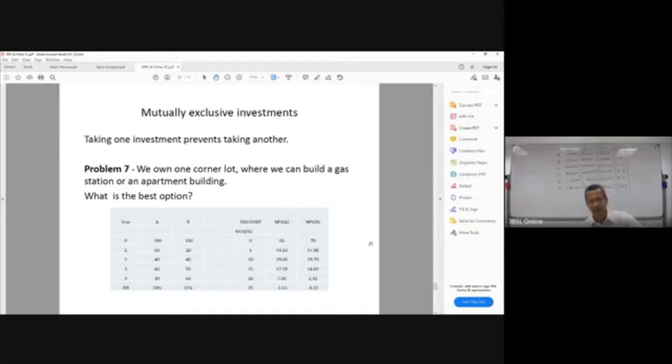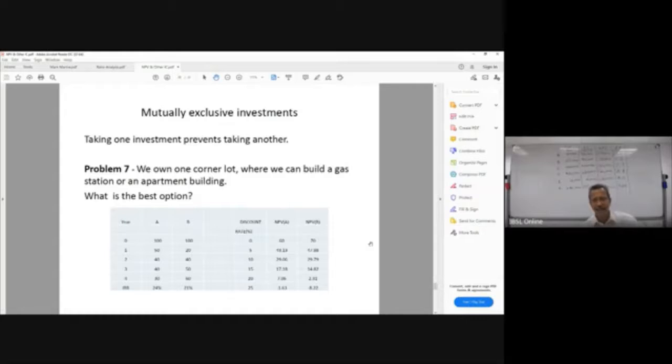So they have given cash flows, right? A and B cash flows for 4 years. Both have the same initial investment.